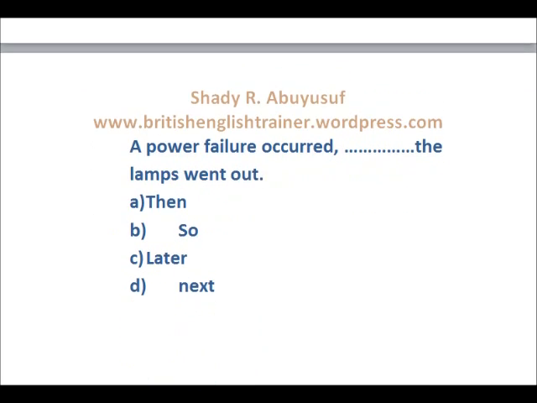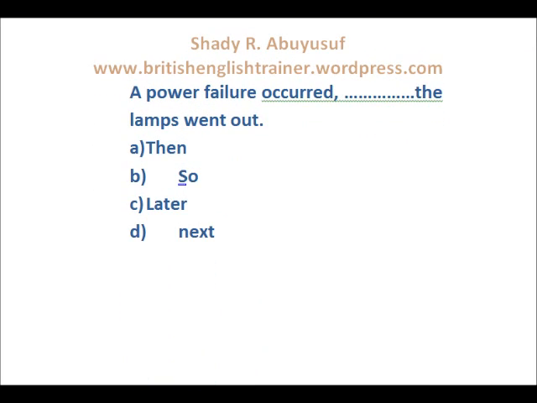Fantastic. Let's have a look at this one. Okay, look at this, people. A power failure occurred, then I've got a space, the lamps went out. Let's check here together. We've got a power failure, which is a subject, and we've got occurred, that's a verb.